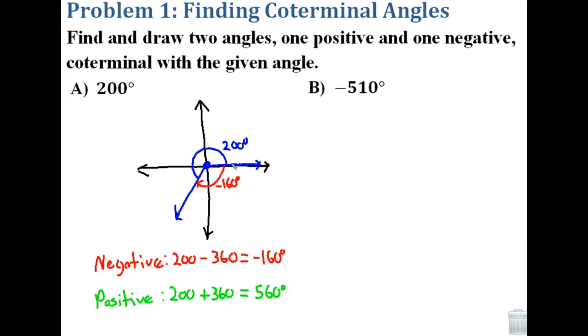Essentially what that looks like is spinning around the coordinate system one full time, 360 degrees, and then continuing an additional 200 to end up at that 560, as my picture becomes a mess here. Now if this problem was looking for additional positive angles, I would just keep adding rotations, or adding 360. Or if I wanted more negative angles, I just keep subtracting 360 from that first negative angle.